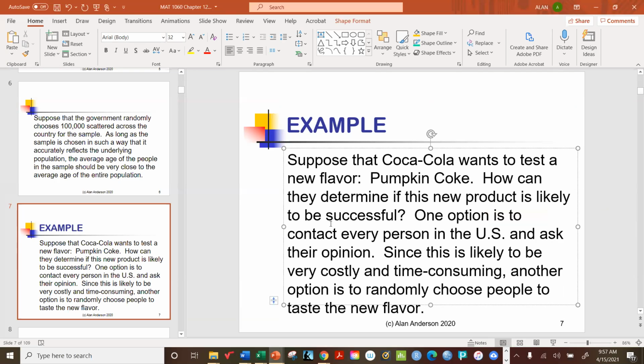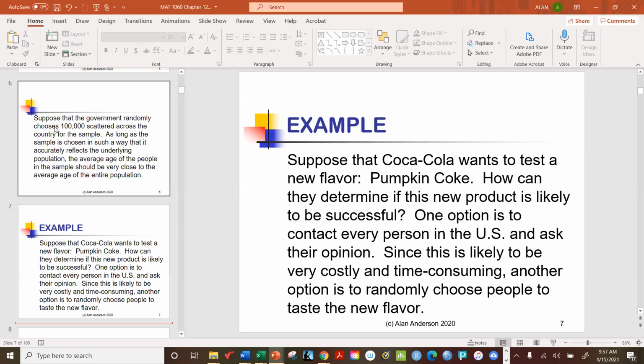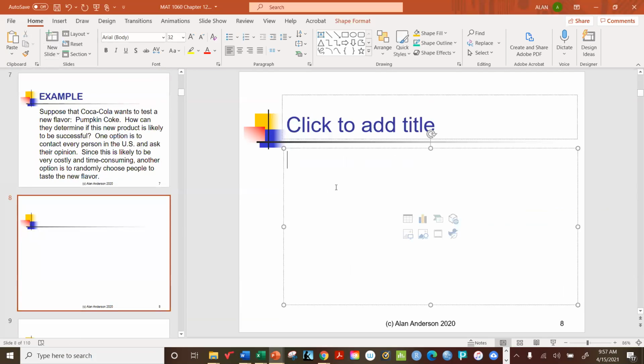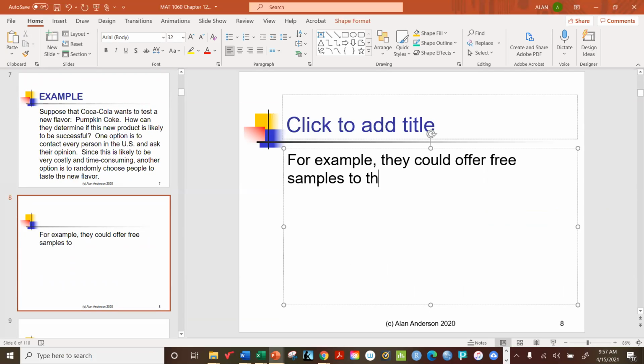In other words, you might see them standing around in a supermarket and offering free samples. They could offer free samples to the shoppers in a supermarket.